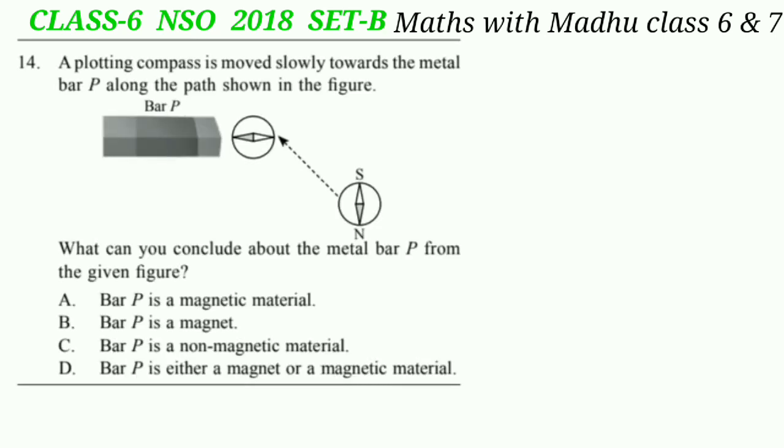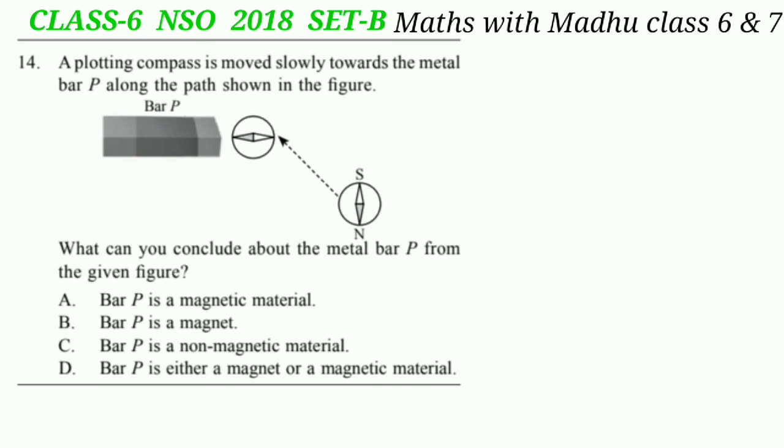Now question 14. A plotting compass is moved slowly towards the metal bar P along the path shown in the figure. What can you conclude about the metal bar P from the given figure? Look at the figure. Bar P is a magnet with right end as the S pole.